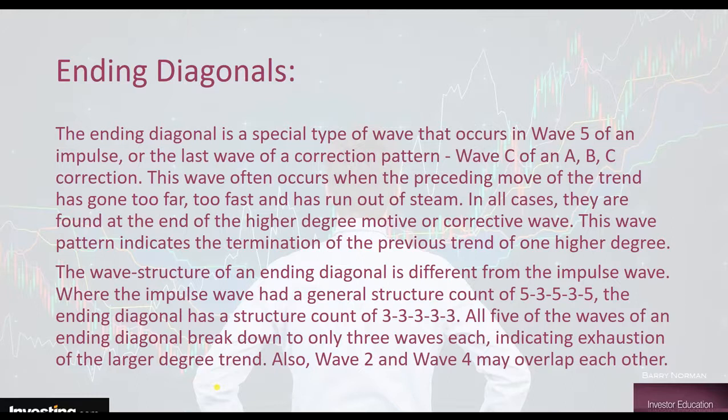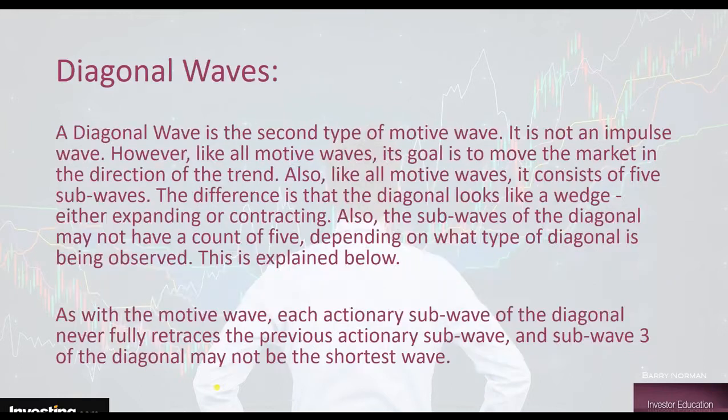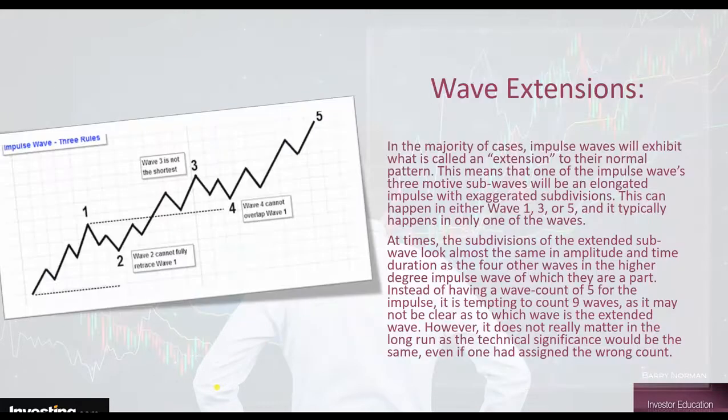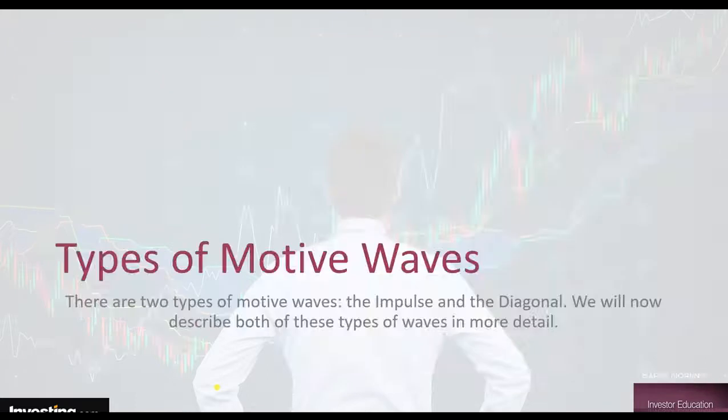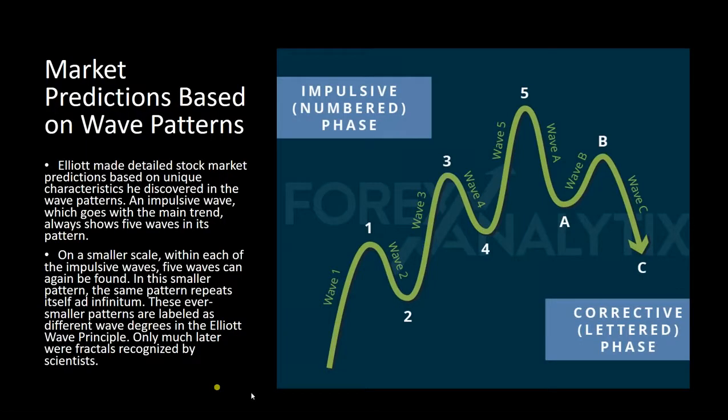The rules of the exhaustion or the rules of the other patterns are within, and every time we talk about it, we talk about the subwaves. So remember, when we started out, we said, okay, we have wave 1 here.